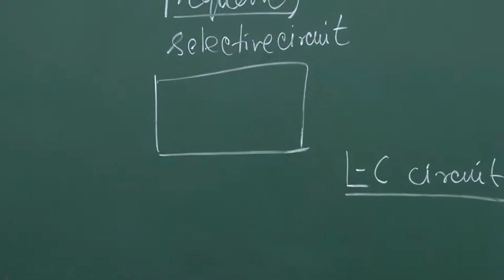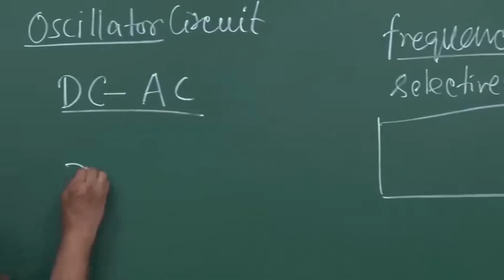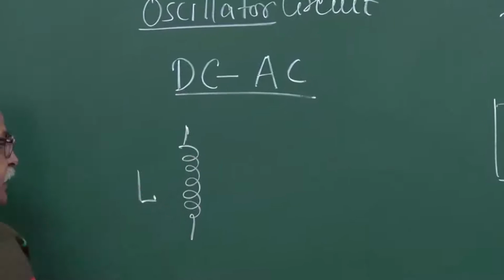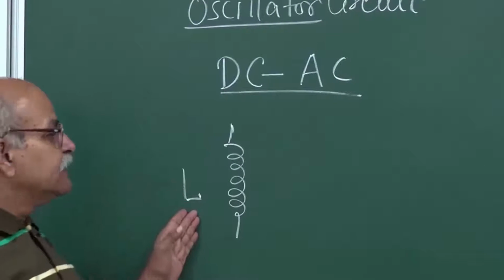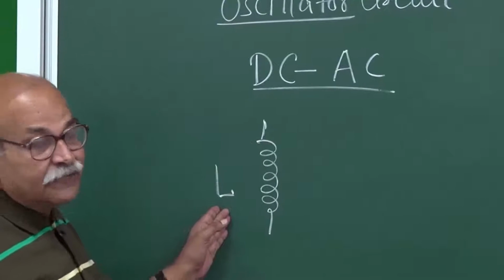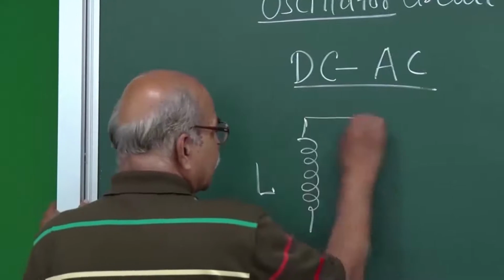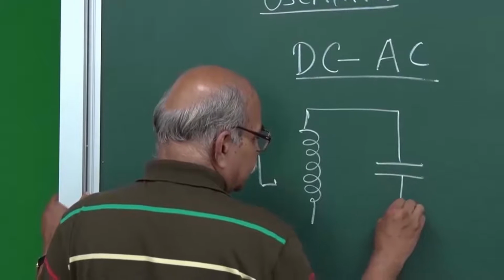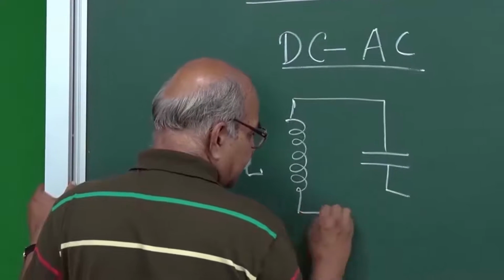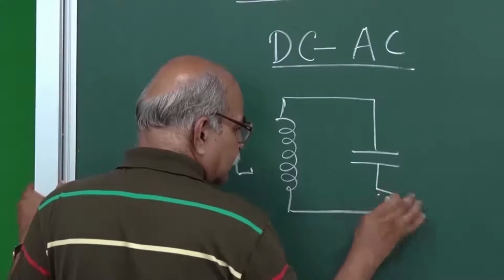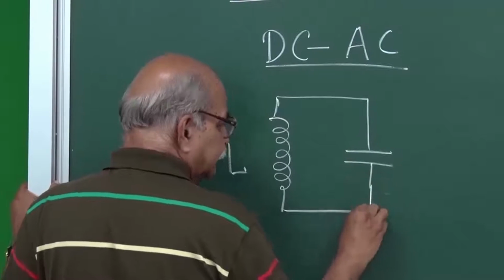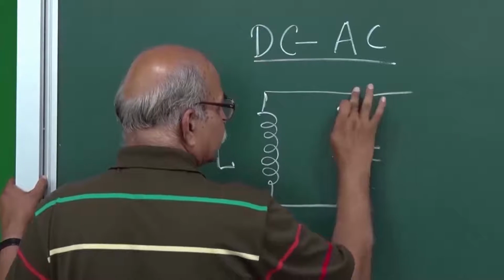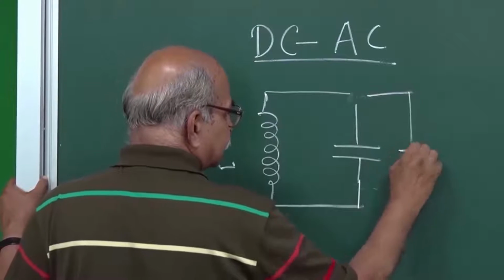Okay, so you remember your high school physics. If you have an inductor, there is a symbol for inductor, and the letter which is generally used is L, and then you have a capacitor. Let us say you have a capacitor, and I join it and put a switch here, and let us say this is a battery.